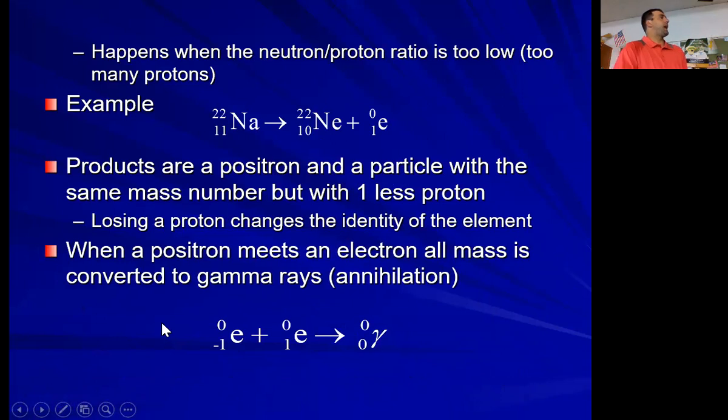Now, if an electron and a positron meet, guess what? It's bad news. When they made the Hadron Collider, they were talking about maybe forming a black hole. This was the process they were using. Thankfully, it didn't happen. It was able to absorb enough energy not to create a black hole.